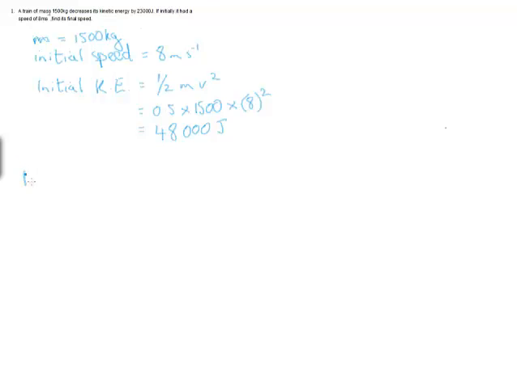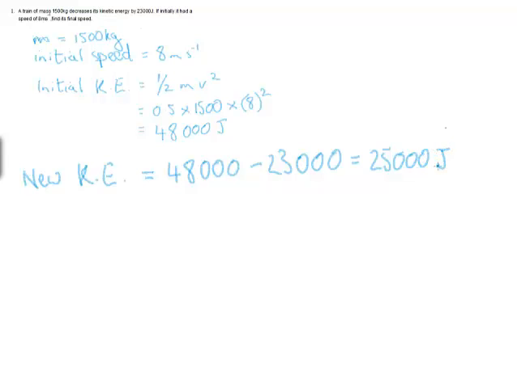So new kinetic energy equals the initial kinetic energy, which is 48,000 joules, minus the 23,000 joules from the question, and that gives us an answer of 25,000 joules.